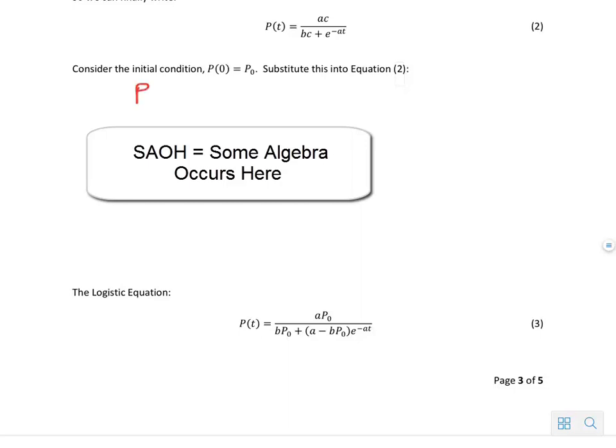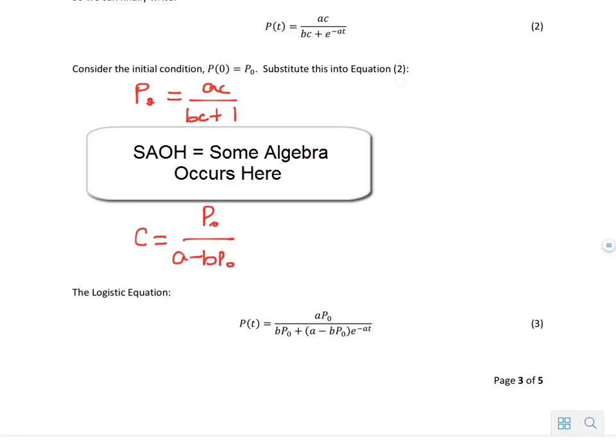So it ends up being P naught equals AC over BC plus 1. Solve for C. Turns out C, by the way, equals P naught over A minus B P naught.